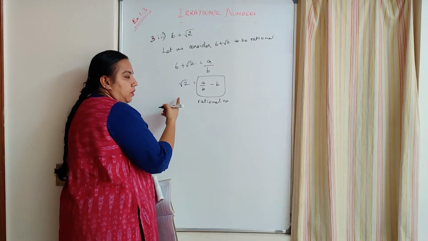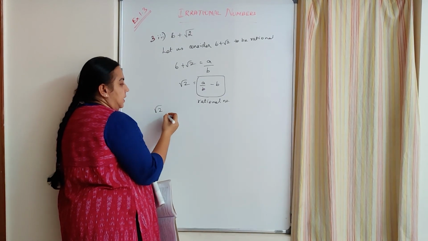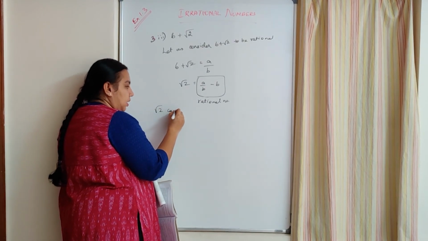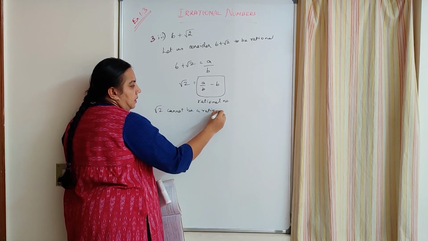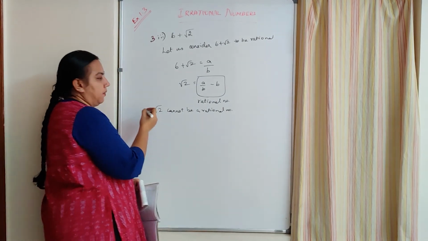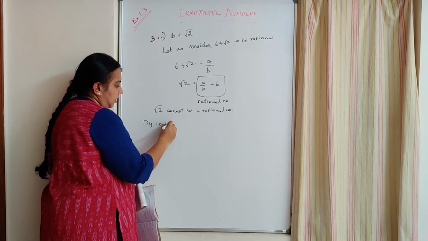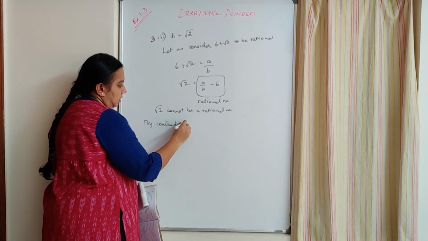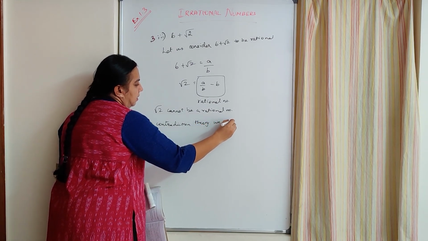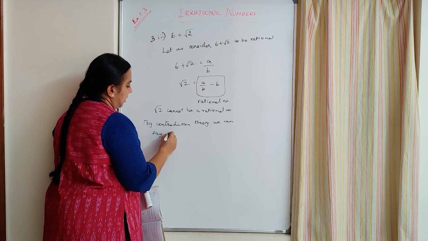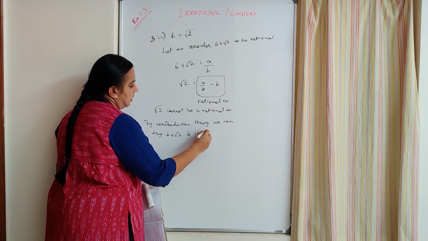And because of that reason, we know already that square root of any prime number is irrational. Square root of 2 cannot be a rational number. With that logic, by contradiction theory, we can say 6 plus square root of 2 is irrational.